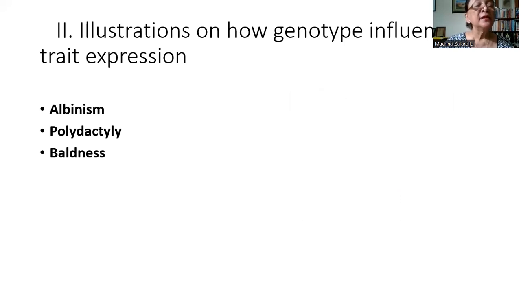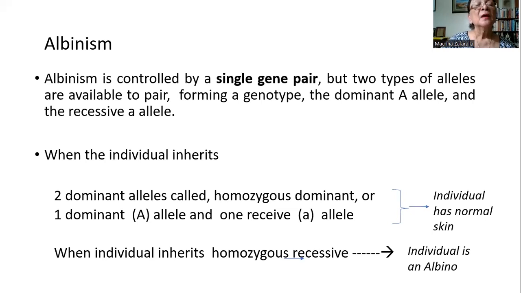Let us have three examples: albinism, polydactyly, and baldness. Now, first on the trait of albinism. Albinism is having a white colored skin, okay? This is controlled by a single gene pair, but two types are available to pair, forming a genotype, the dominant A allele and the recessive a allele.